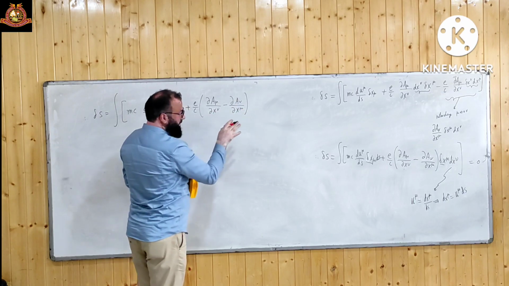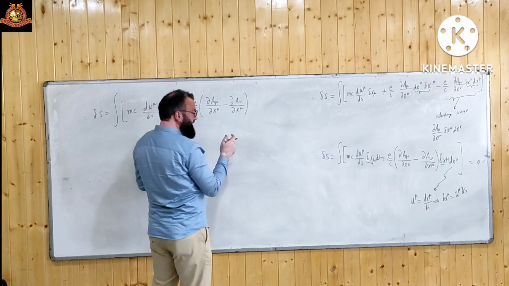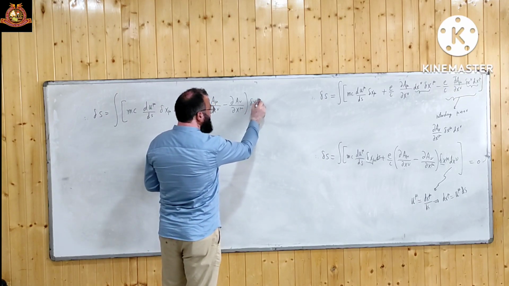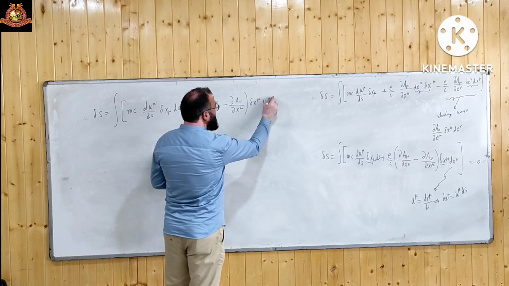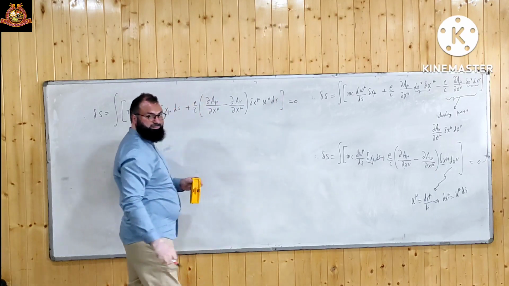This is the only difficult equation we are deriving. The rest will be easy. So then you are having this delta x mu, and for this dx nu I will put u nu ds, and this object is equal to 0. True?